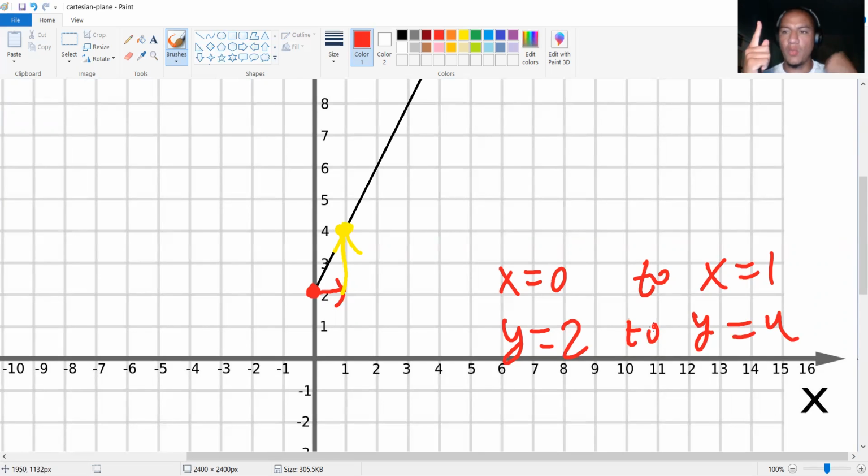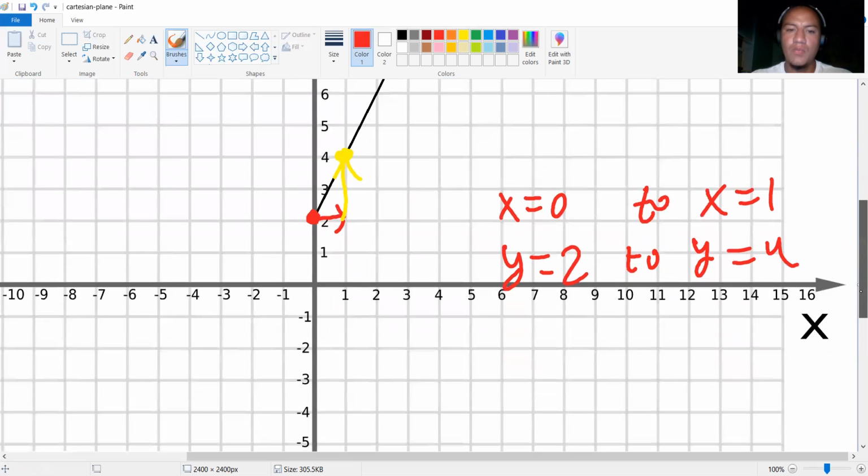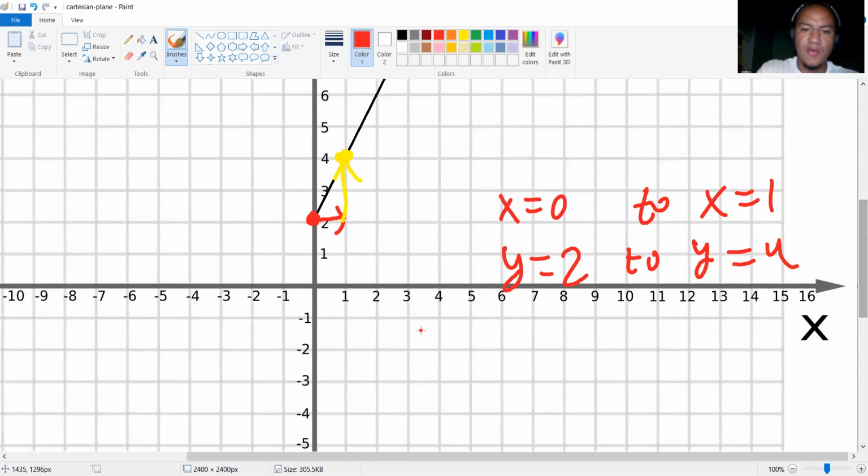So x went up by 1, y went up by 2. We would say that the slope of this line is 2. And that basically means that we would say the line is y equals 2x plus some number, b.